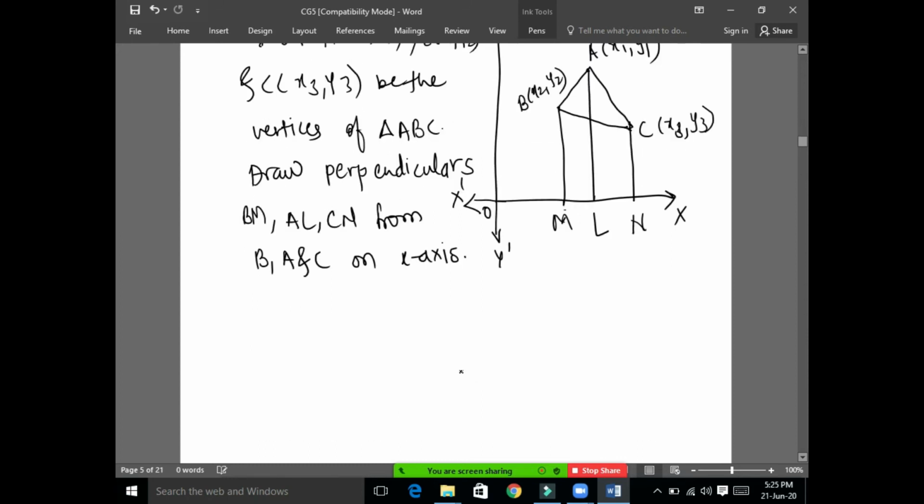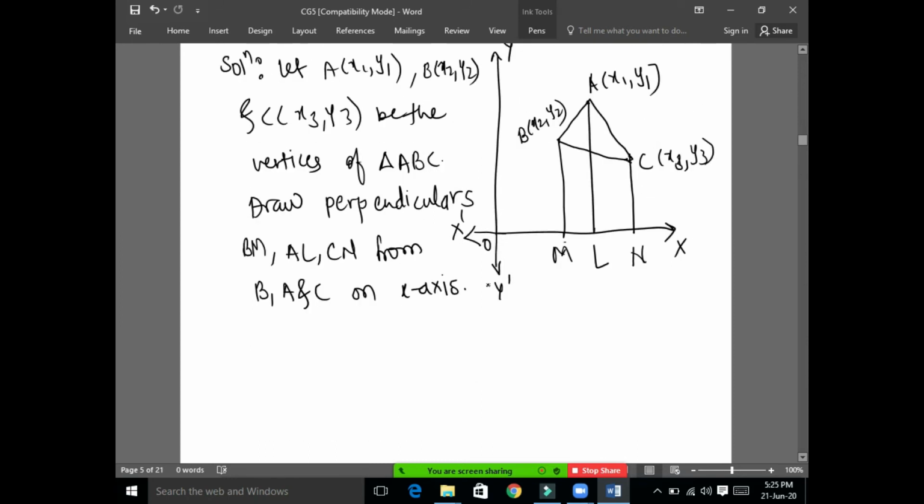Now we have to find the area of triangle ABC. The area of triangle ABC can be obtained by adding area of trapezium ABML plus area of trapezium ACNL minus area of trapezium BCNM. Look at this figure, student.